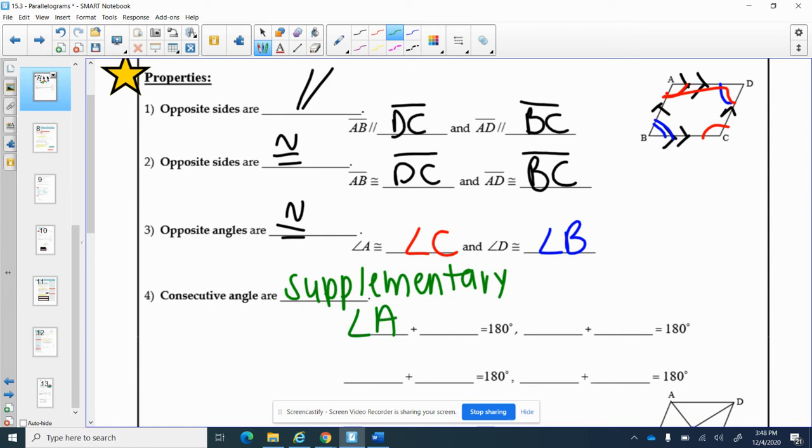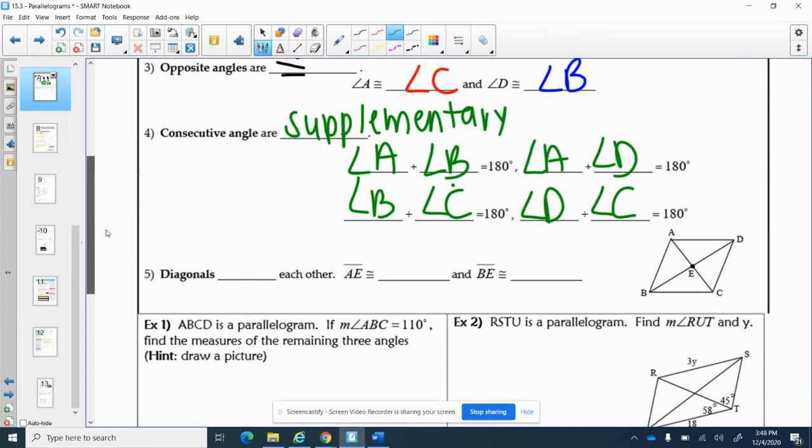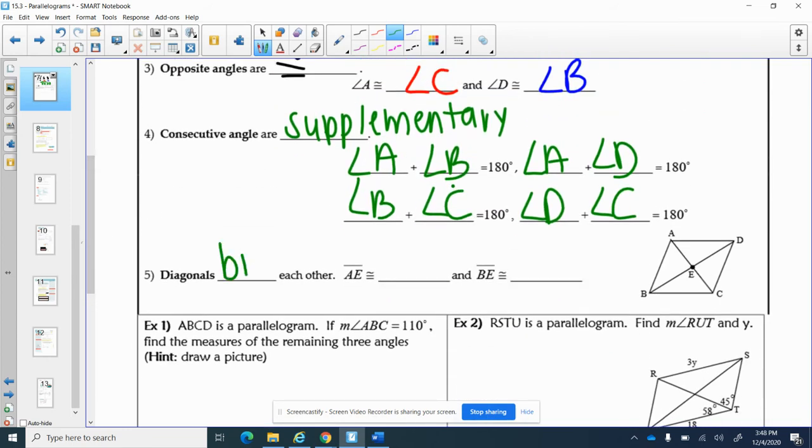So angle A plus angle B has to equal 180, but so does angle A plus angle D. Angle B plus angle C has to equal 180, and so does angle D plus angle C. Last but not least, our 5th and final property is that our diagonals bisect each other, right? So AE is congruent to EC because it's being bisected, and BE is congruent to ED because it is being bisected.